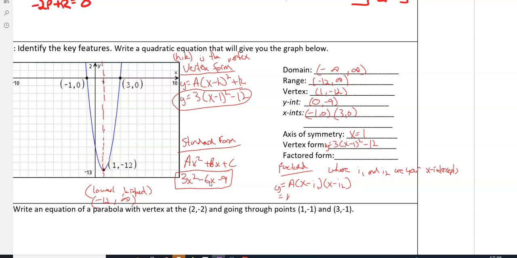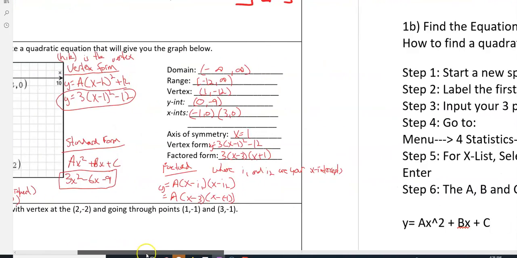So it would be a times x minus 3, that's one of the intercepts, and then x minus negative 1. So if I were to rewrite it, a is 3: 3 times x minus 3 times x plus 1. See, that's x minus negative 1, which would be x plus 1. All right, so that is number 1B on your review.